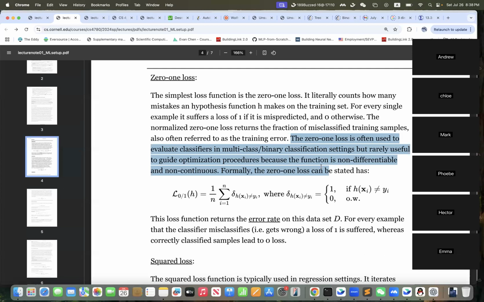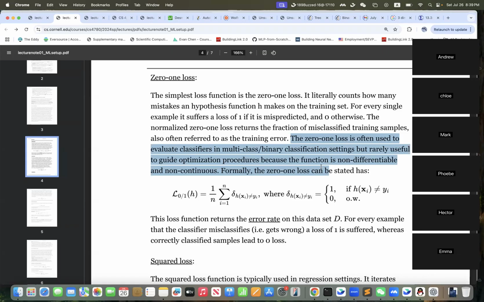Because computers know how to do calculus and derivatives, and if your loss function is differentiable, they will be really good at finding the coefficients to minimize the loss function. Minimizing the loss function is what machine learning is all about, right?